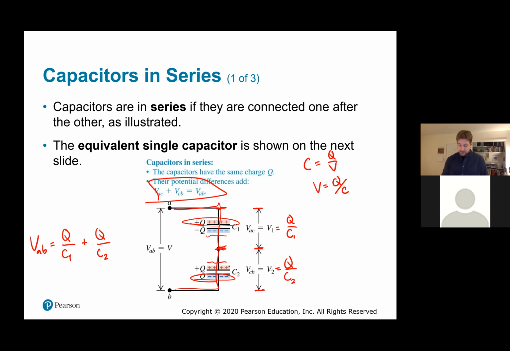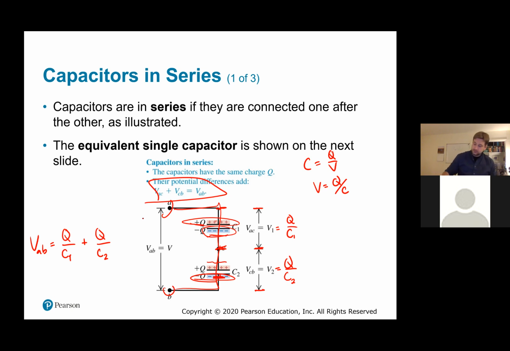We attract positive charge towards this negative one, and we attract negative charge towards that positive one. We only ended up storing Q once on the outer plates. We've got stuff between them, sure, and there's induced charge there, but we only stored opposite magnitudes Q on the outer plates, at least as far as points A and B are concerned.